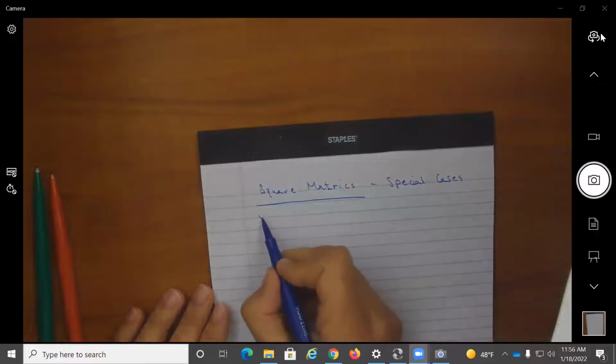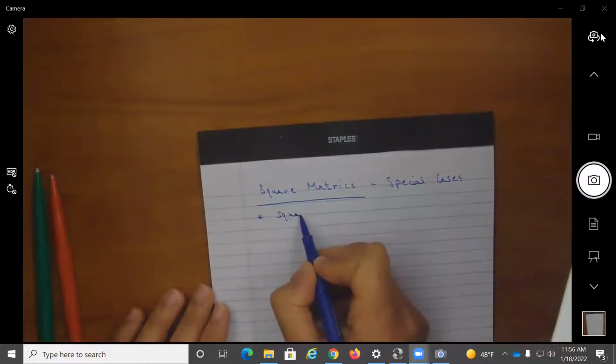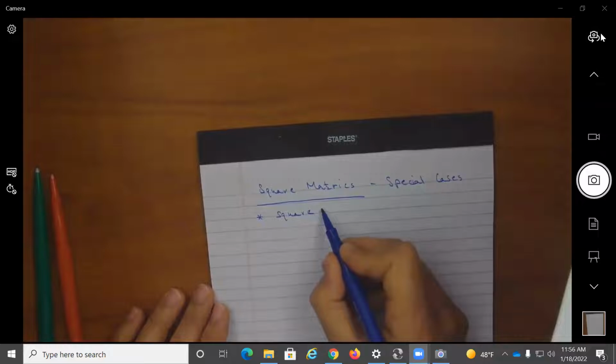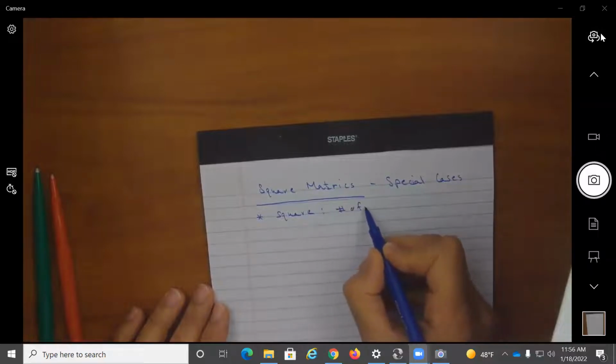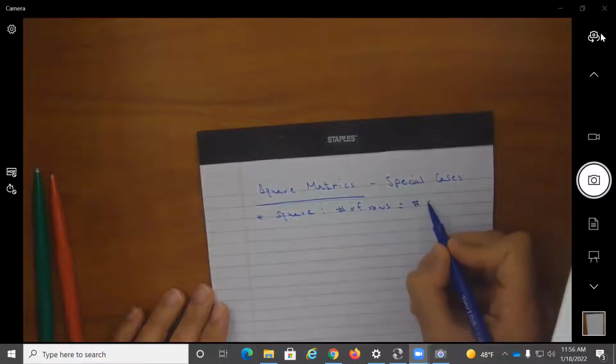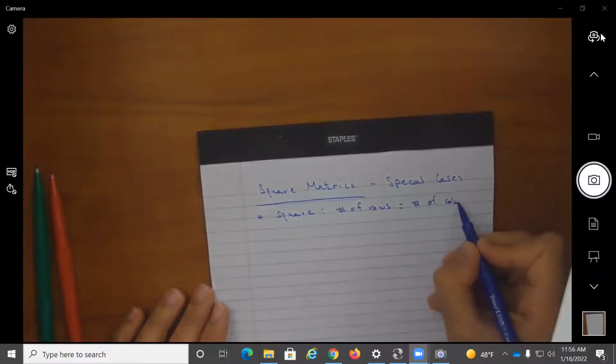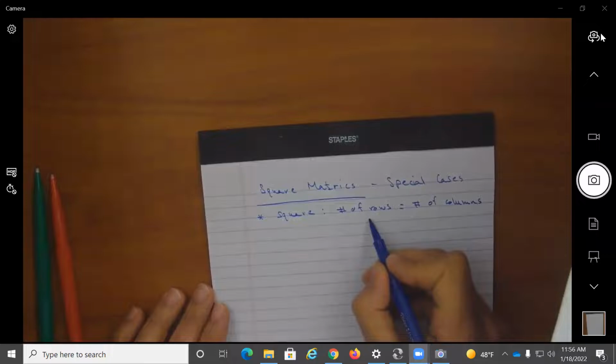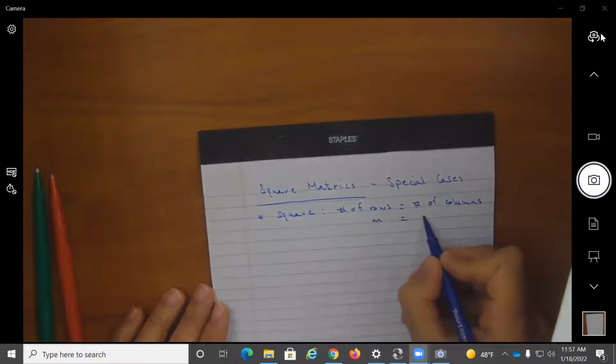Of course, when I say a square matrix, the square here would imply that the number of rows is equal to the number of columns, or in other words, M is equal to N.